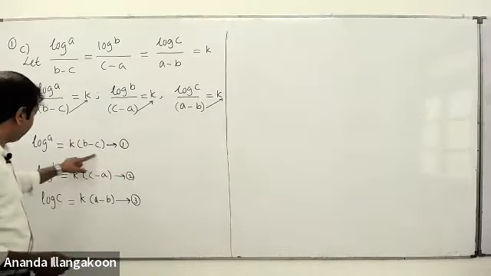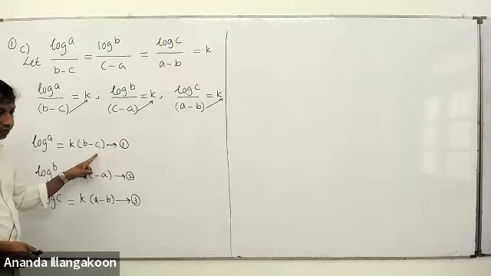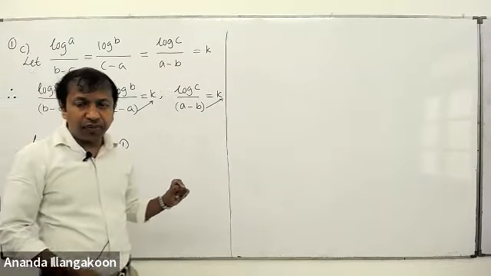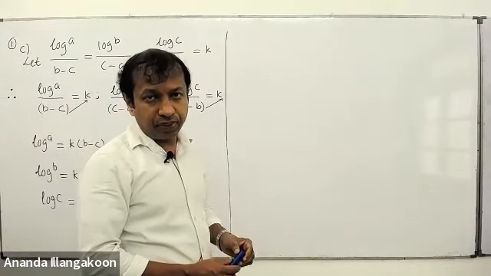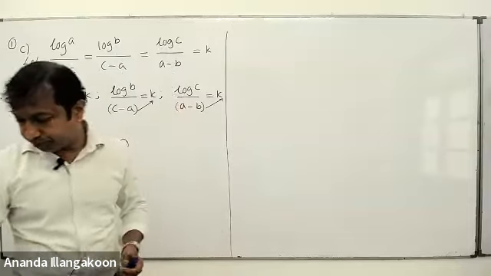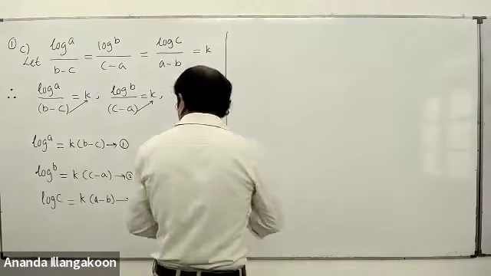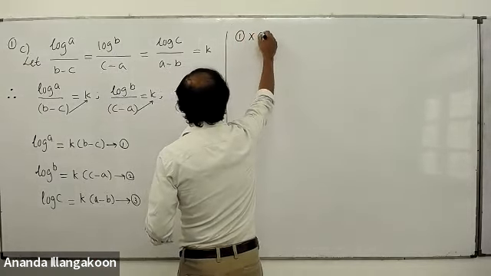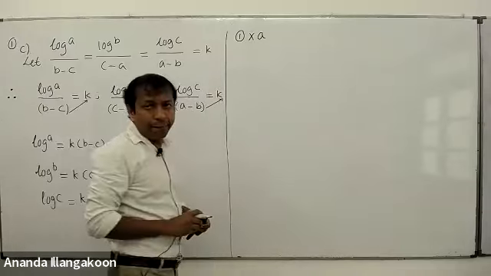The equation number 1, both sides of this number 1, we multiply by a. Both sides of this number 1, we multiply by a. Equation number 1, we multiply both sides by a. Right?